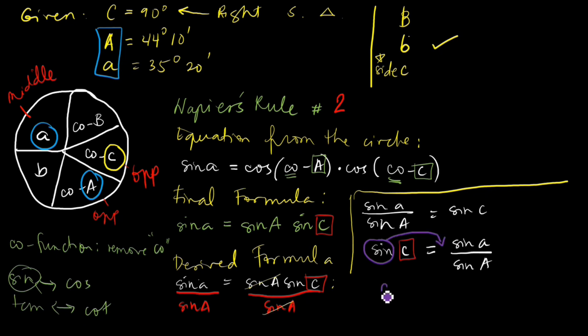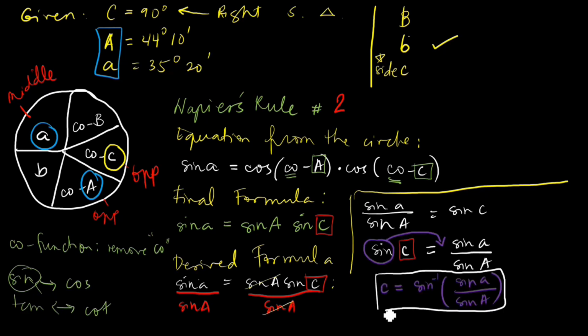So side C equals arc sine, and you just copy the right side: sine of side A over sine of angle A. Actually, this is already the derived formula.